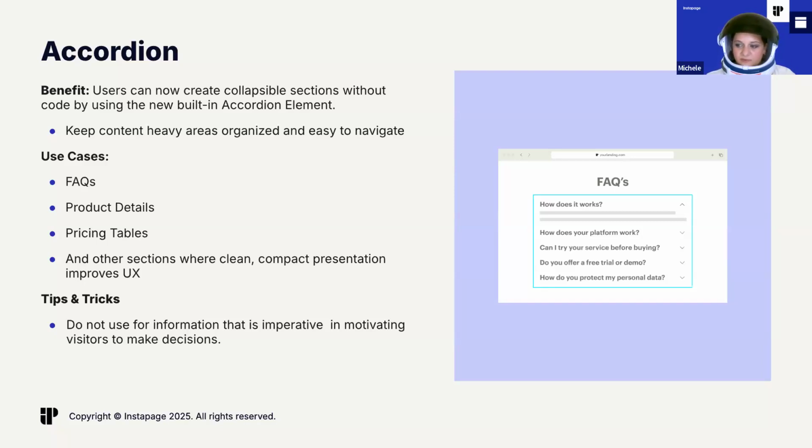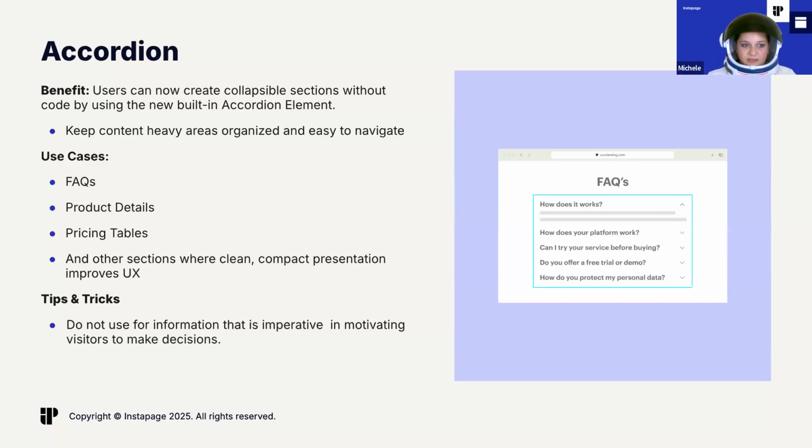One tip and trick for that really is to make sure that you're not hiding any information that's necessary in motivating visitors to make a decision and moving on to the next step. So in conversion rate optimization, we want to keep those motivating items visual and easy for visitors to see. And then we want to kind of tuck away information that people will be interested in expanding on.